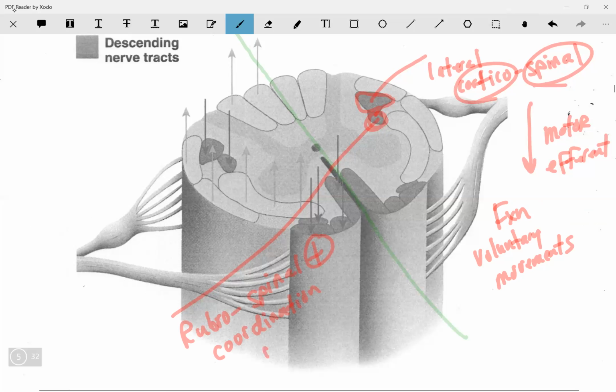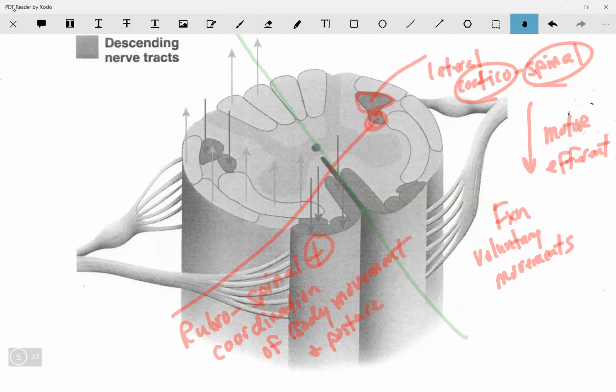This helps with coordination of body movement. Okay, and posture. Okay, rubrospinal, coordination of body movement and posture.